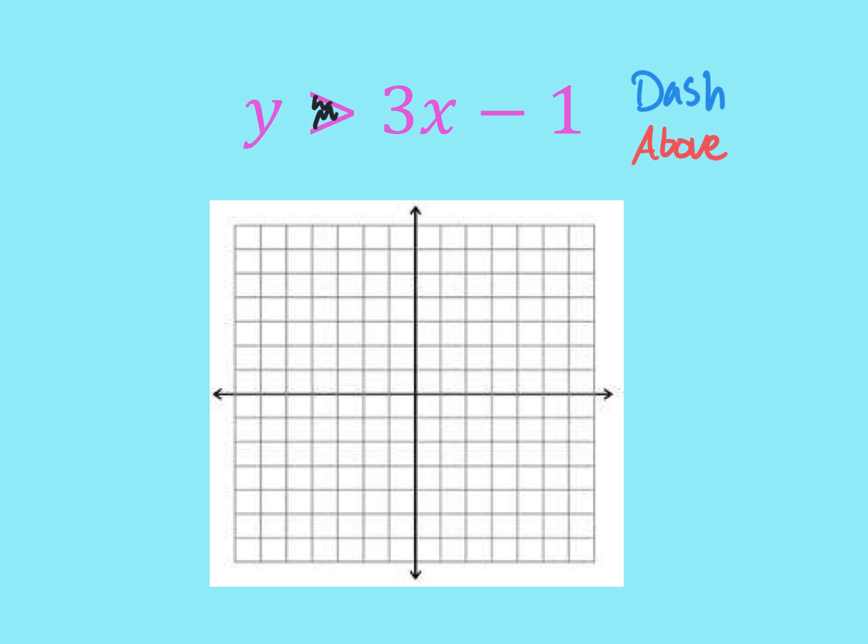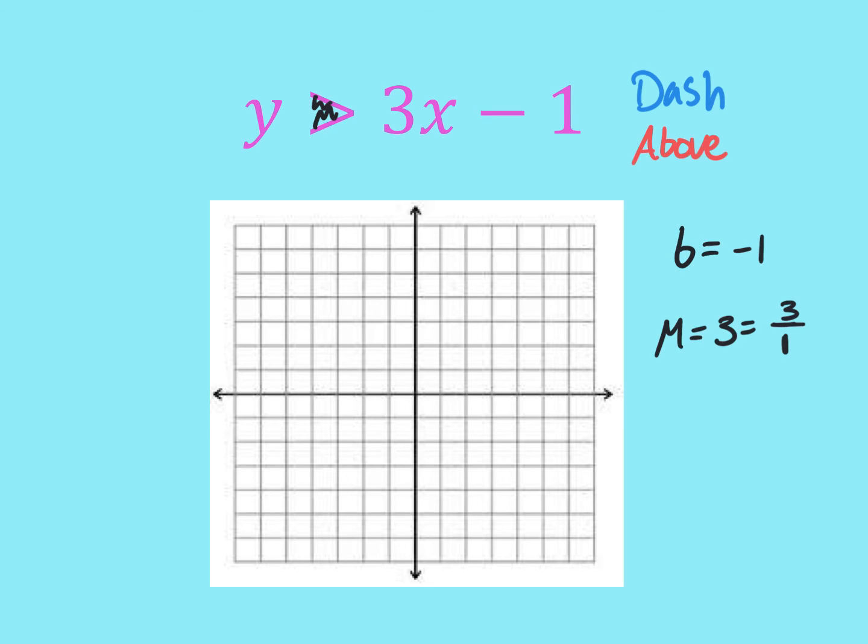So now we've got to go ahead and graph the line. Well, to graph it, y'all know we need our b value, which is our y-intercept, and our slope. What is our b value? -1. What is our slope? 3. Remember, that's really 3 over 1. Good.